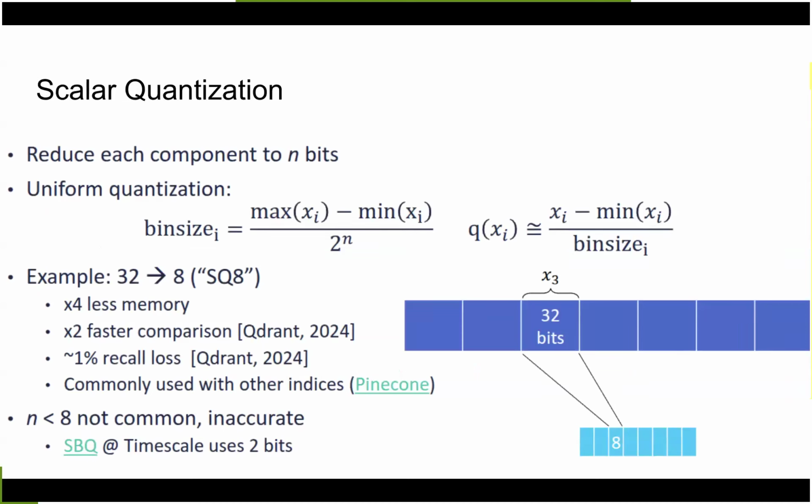So scalar quantization is a very simple approach. We try to find the minimum and maximum of each floating point in our vector.